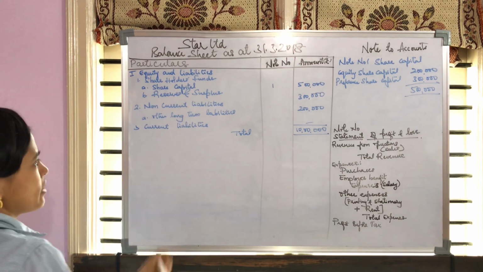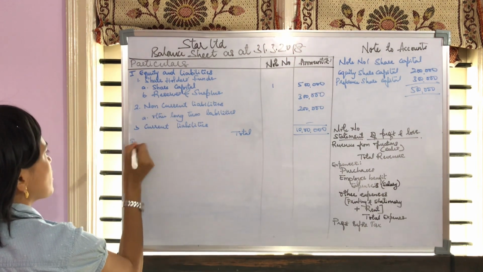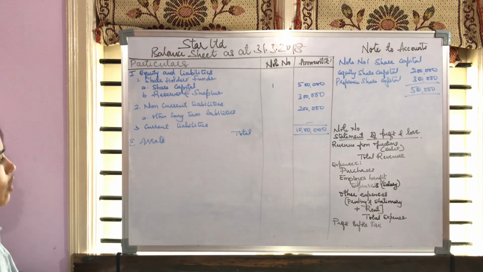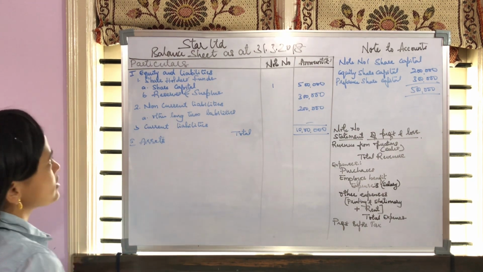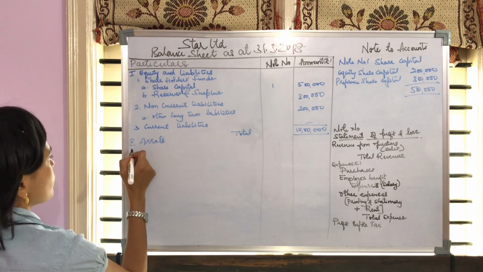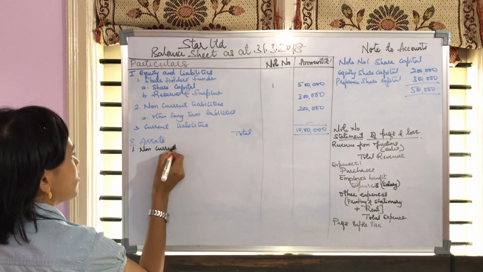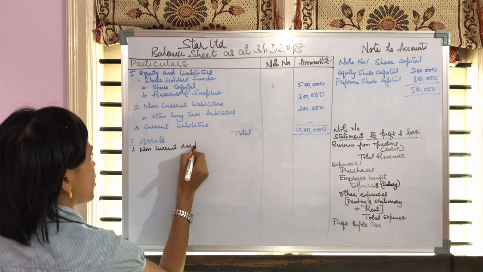Now coming to the second part of the balance sheet, that is assets. Now under assets, the first category is non-current assets.